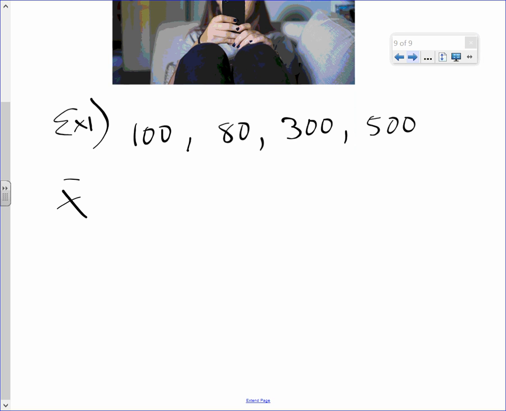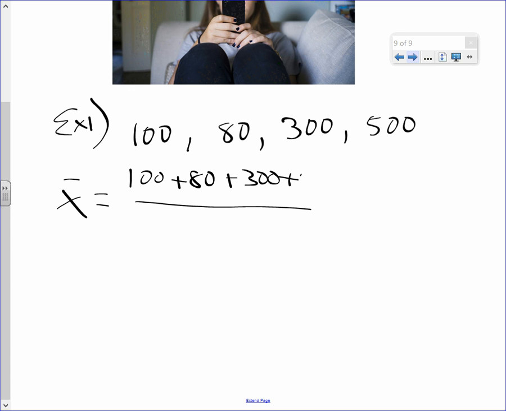So x bar, here we go, is, let's add these puppies up. 100 plus 80 plus 300 plus 500. That's 980.